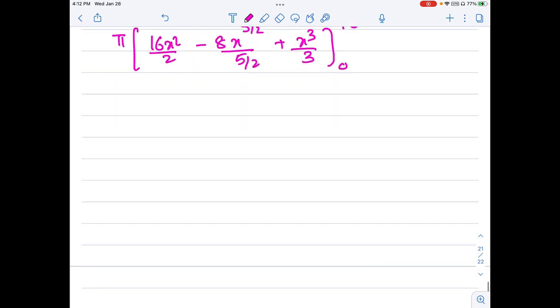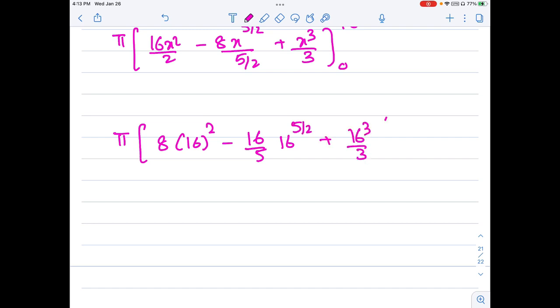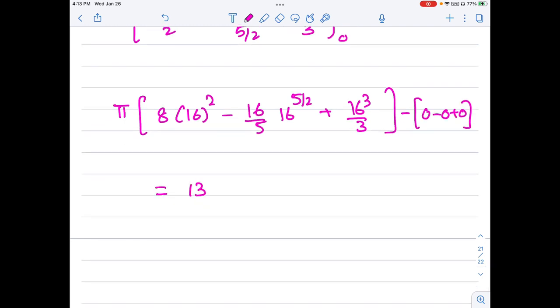Lower limit is 0, no need to substitute, only the upper limit. 8 times 16 whole square minus 16 upon 5 times 16 to the power of 5 by 2 plus 16 cube by 3 minus 0. So simplify this one, you should be getting 136.5 pi. That's going to be the final answer.